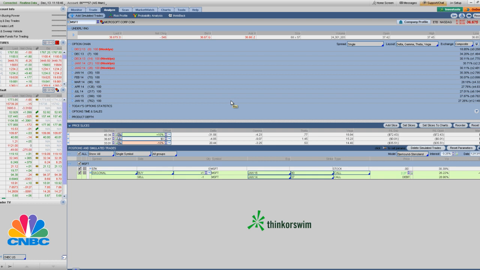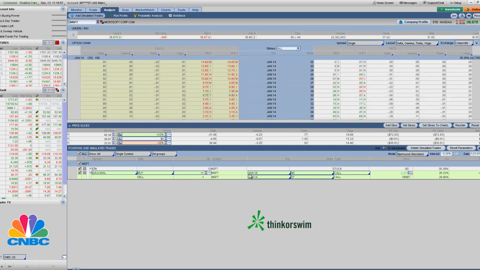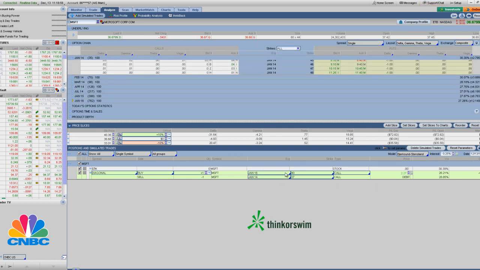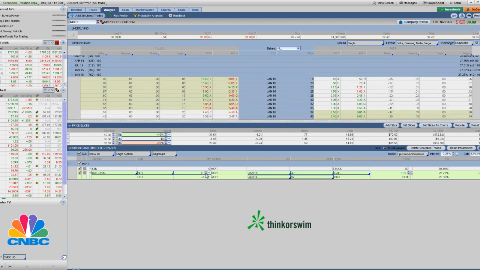So about $527, maybe $530 of capital required for this trade. However, let me show you the trades individually, and it'll make a little more sense.